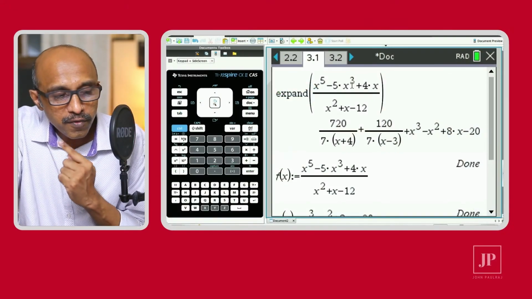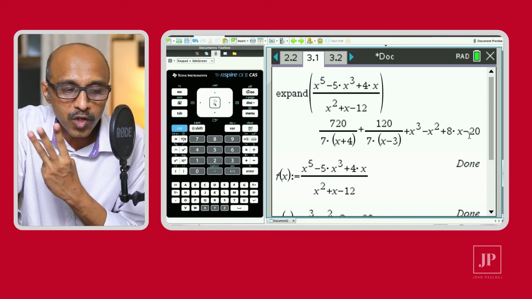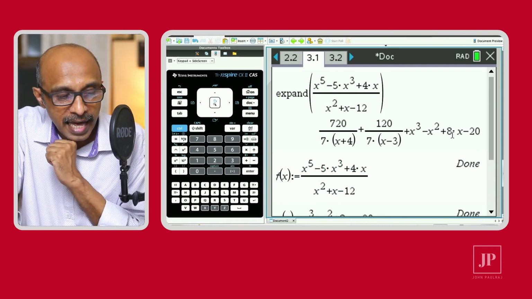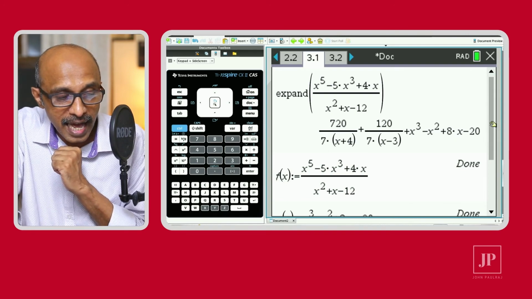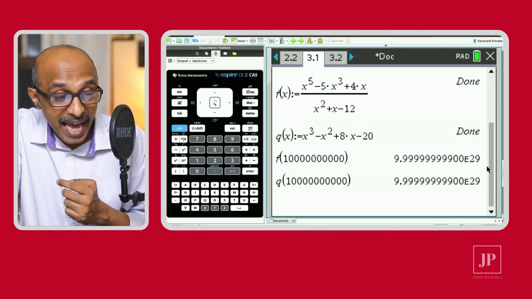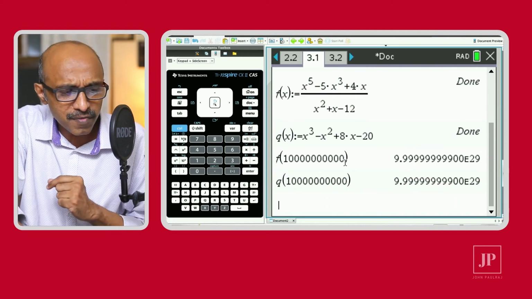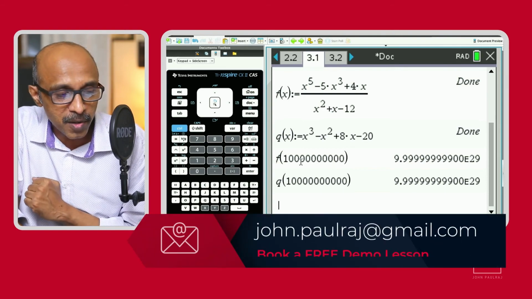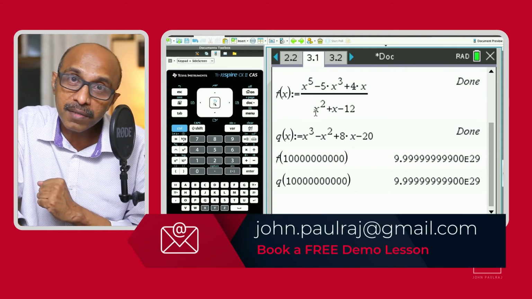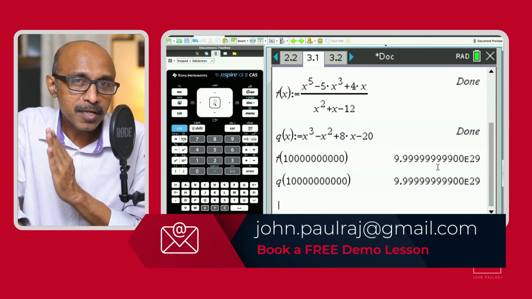So when the degree of the numerator is greater than the degree of the denominator by 3, we get a cubic quotient. And as you can see, I've already gone ahead and defined f(x) and q(x) accordingly, and even verified that for a very large value of x, in the behavior we were talking about, both the rational function and the quotient function seem to agree.